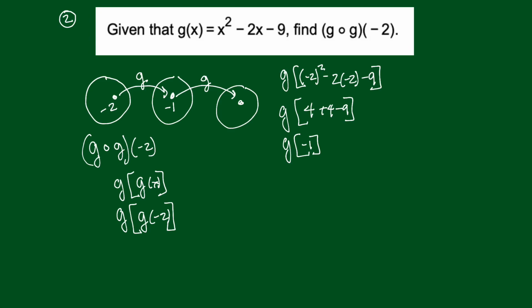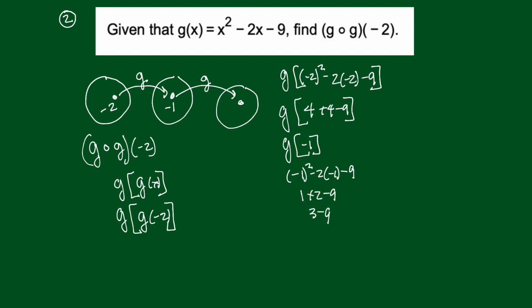All right, so that's a -1. Now, do it again. Put the -1 into g. So here's g right here. I can see I'm replacing that x with -1, so replace all the x's with -1. So I'll get -1 squared minus 2 times -1 minus 9. -1 squared is 1. -2 times -1 is plus 2 minus 9.